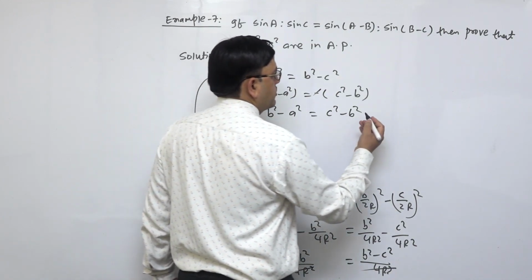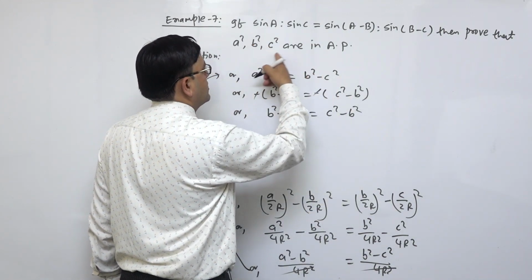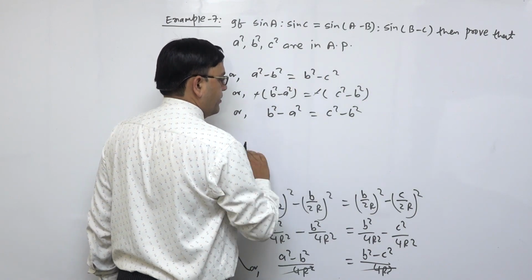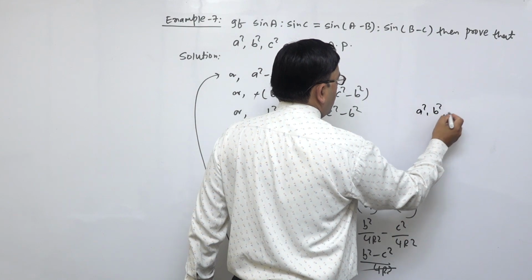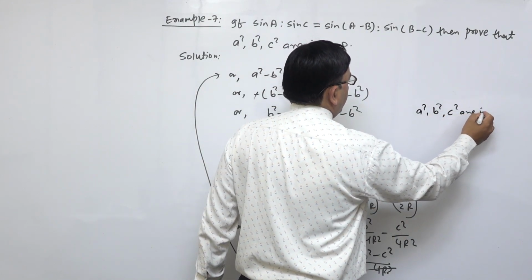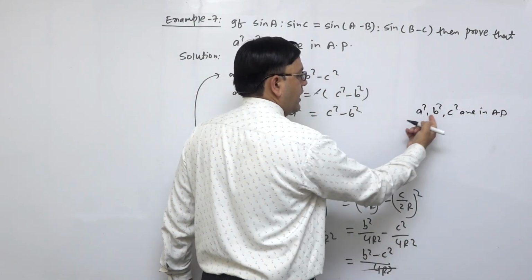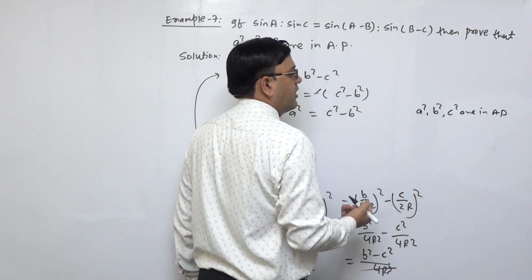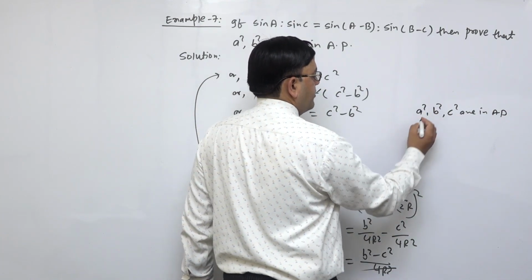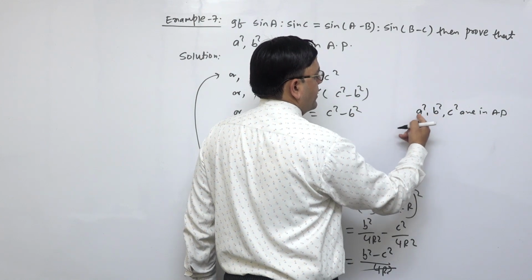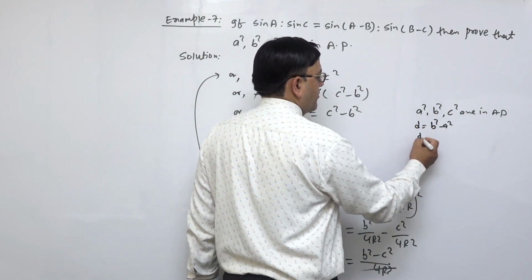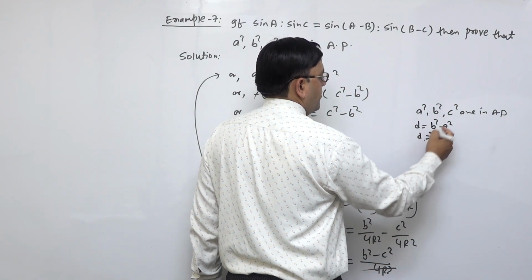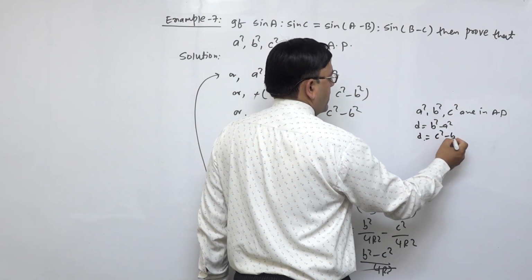If a square, b square and c square are in AP, then the common difference d is the second term minus the first term, that is b square minus a square, and again the common difference d is the third term minus the second term, that is c square minus b square.